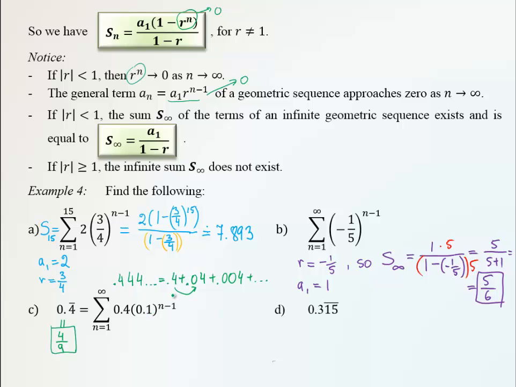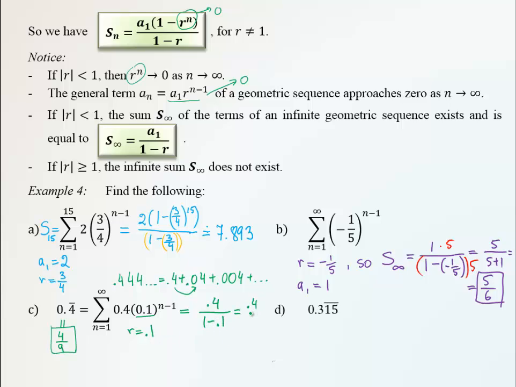So if we write it that way, then we can see it as a geometric series with the first term 0.4 and the common ratio, which is 0.04 divided by 0.4, which is actually 0.1. So as soon as we rewrite our number 0.4 repeated as an infinite geometric series like that, then we use the formula, and since the common ratio 0.1 is smaller than 1, it satisfies this condition, therefore we can use the formula for the infinite sum of the series, which is the first term, 0.4, divided by 1 minus the common ratio, 0.1.